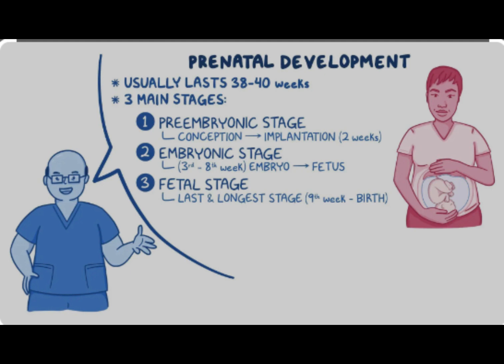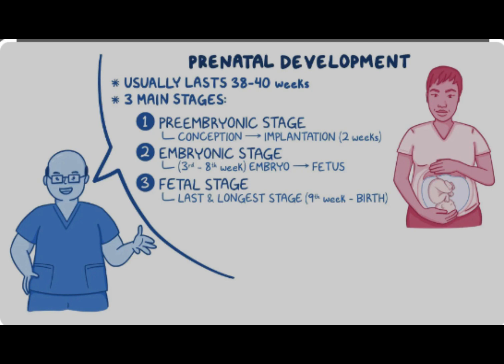At this stage, structures and organs like the neural tube, which later becomes the brain and spinal cord, begin to develop. Also, the head, eyes, mouth, and limbs begin to form.